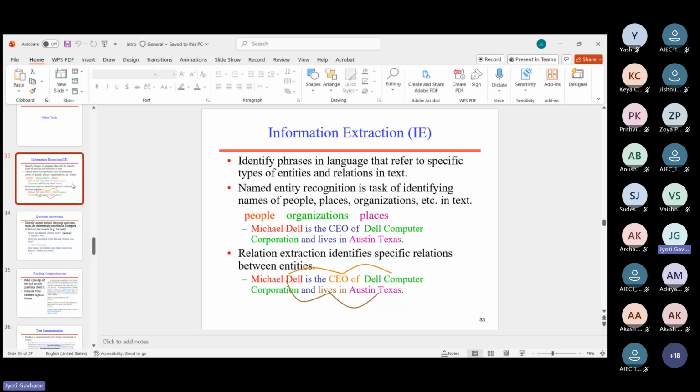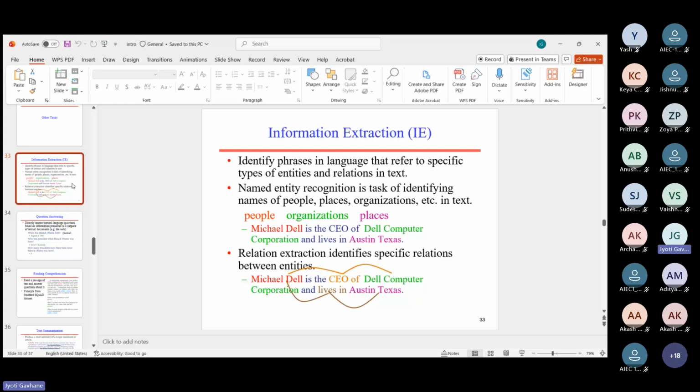Some may be educational organizations, some may be research organizations, some may be organizations which deal with the study of planets, or missiles or defense. So these are some examples of named entities.